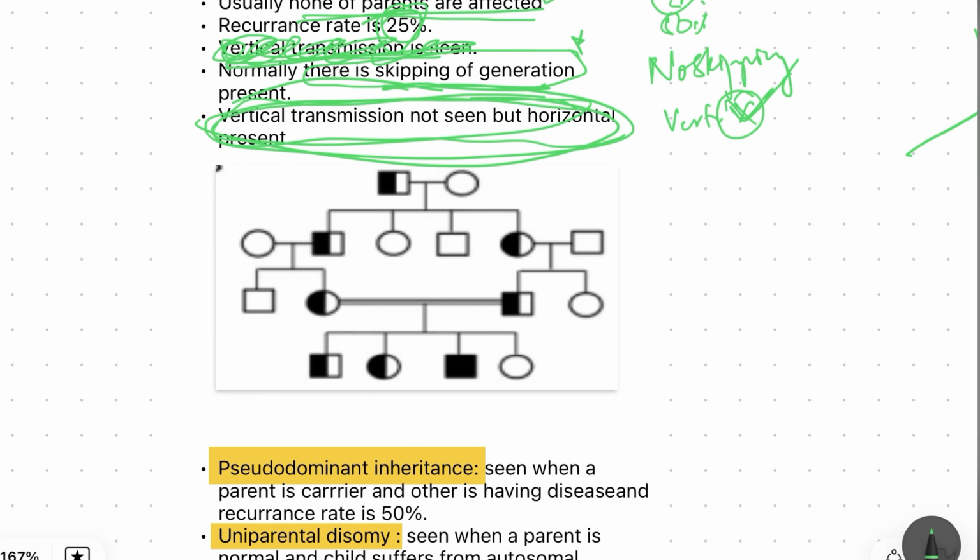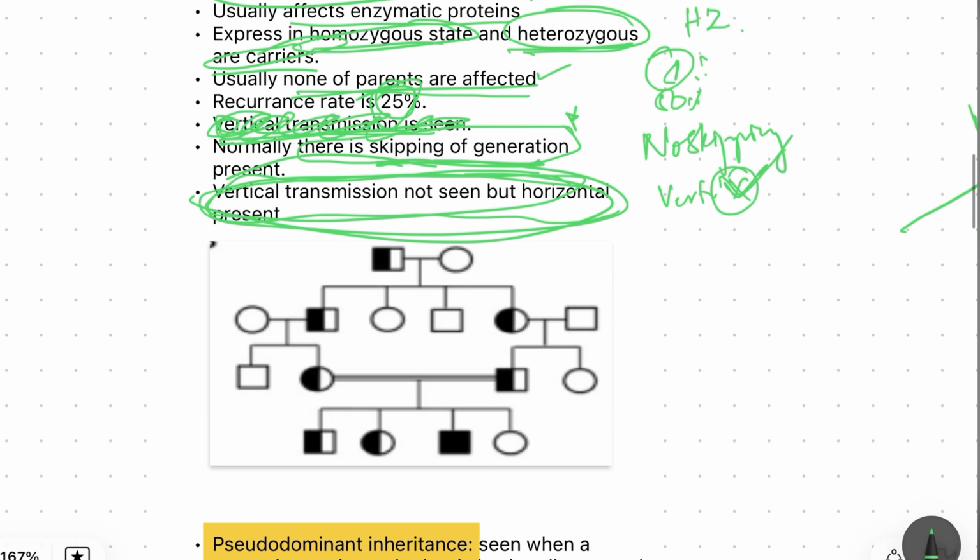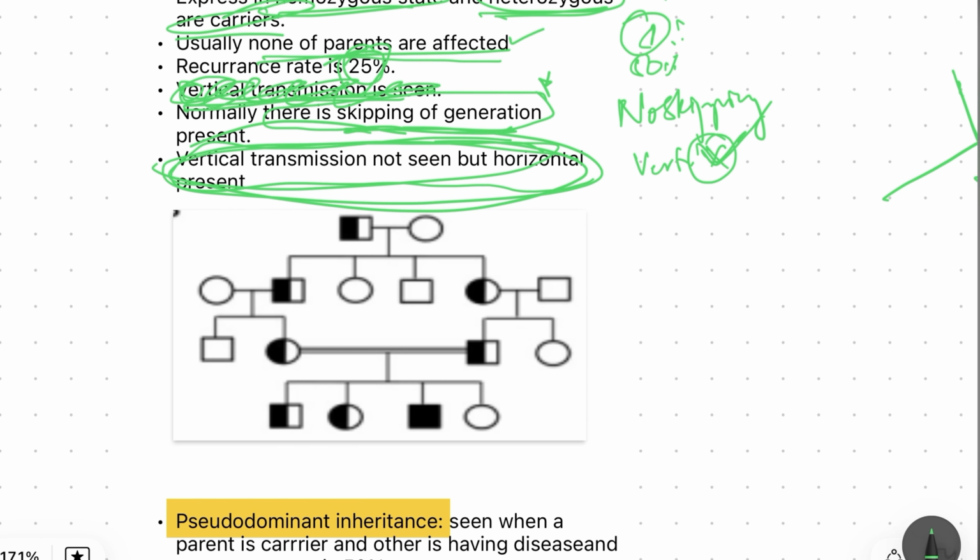One more criterion: vertical transmission is not seen in autosomal recessive, whereas it is seen in autosomal dominant. And the last important point, there is skipping of generation. So the first point you need to remember is whether there is skipping or not, then you can differentiate between autosomal dominant and recessive. First, let's match the criteria with the pedigree chart.